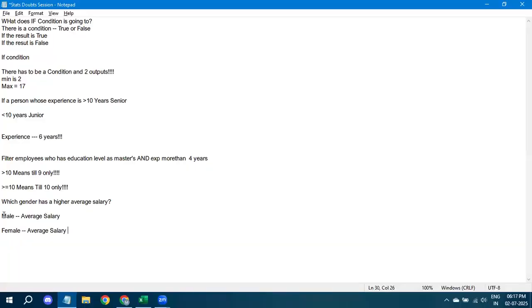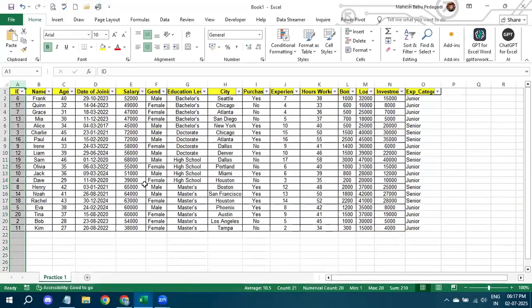After that, you need to find among these two which one is the highest. That is what it is talking about. So first we have to filter male and check the mean for that, and again filter as female and check for that. Yes, exactly. That is what you need to do with the data.